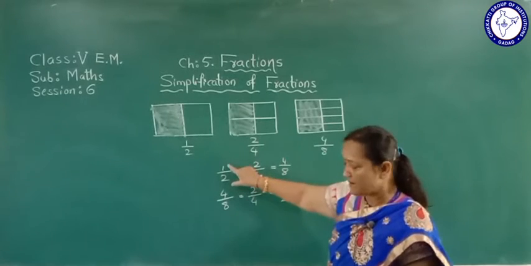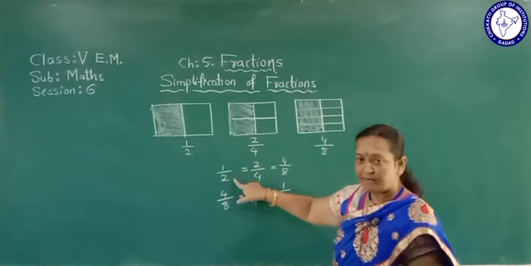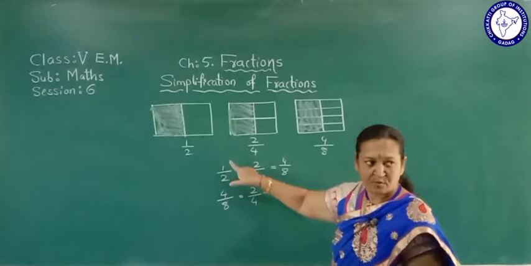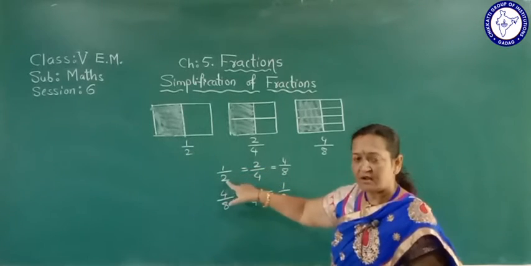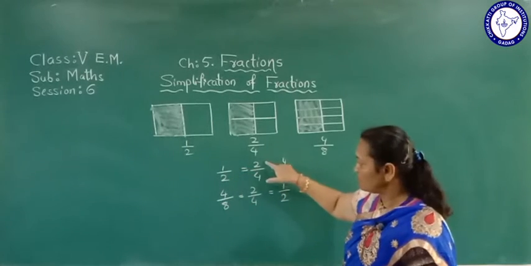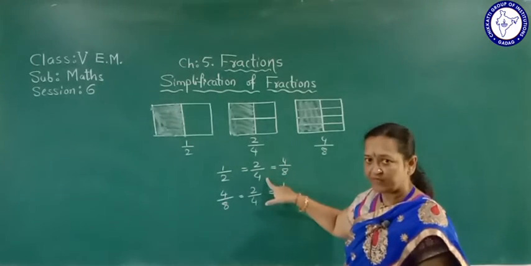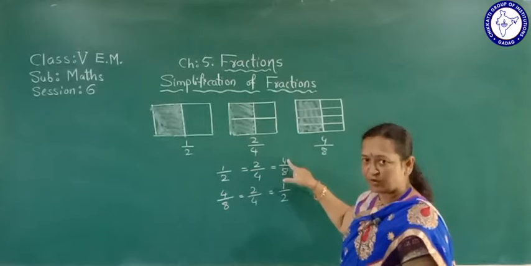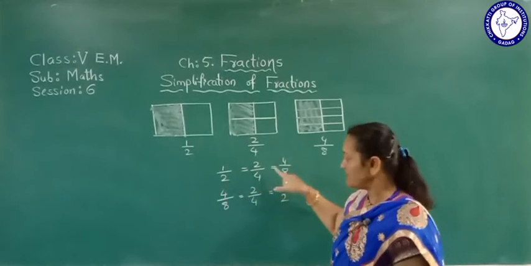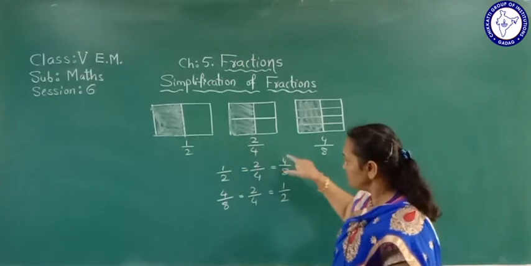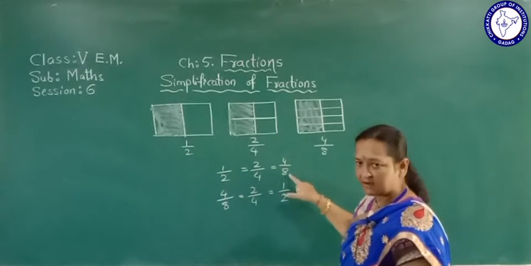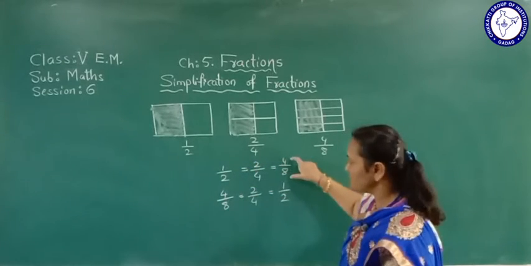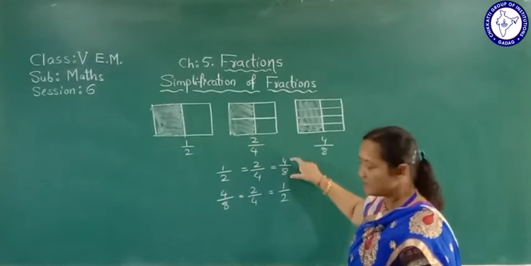What we did: 1 by 2, the numerator is multiplied by 2 and the denominator is multiplied by 2, then we get 2 by 4, isn't it? Now if this 1 and this 2 are multiplied by 4, then 1 4s are 4 and 2 4s are 8. This 1 by 2 is converted to 4 by 8, isn't it?